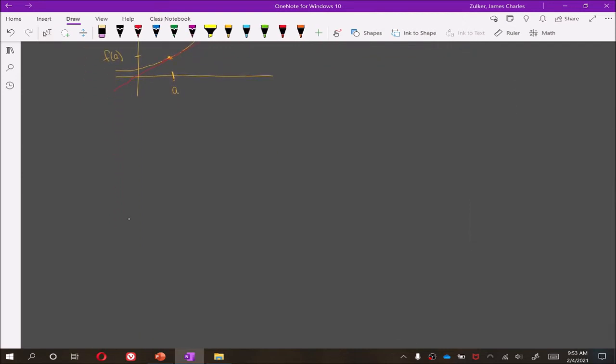Oh, I don't want red anymore, sorry. Slope of a tangent line.